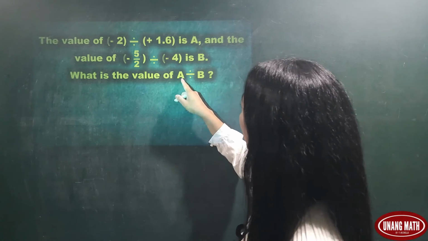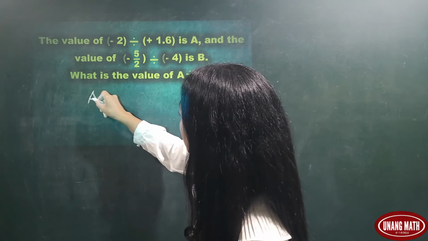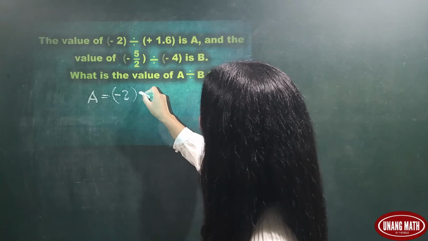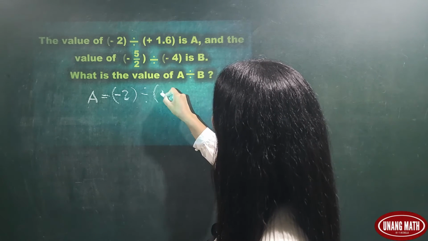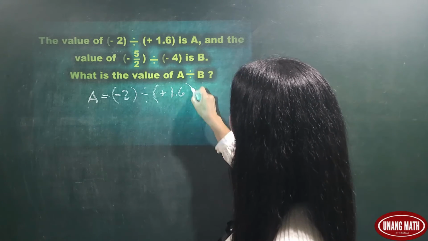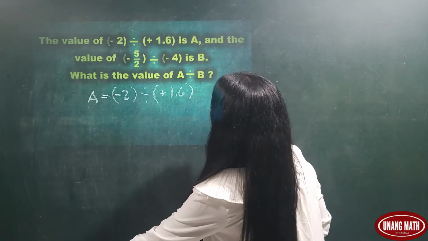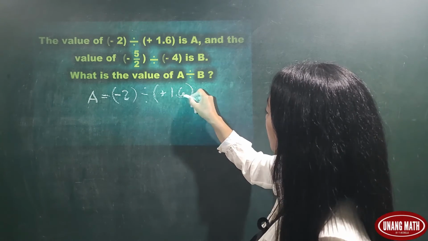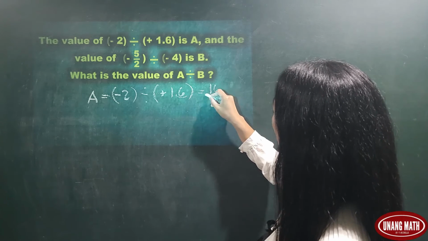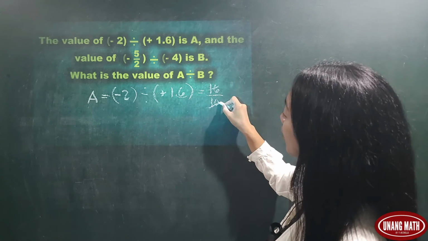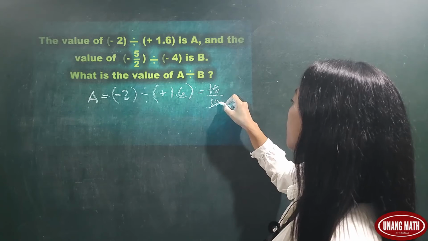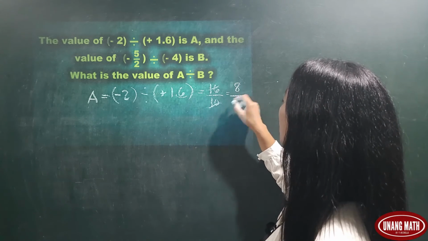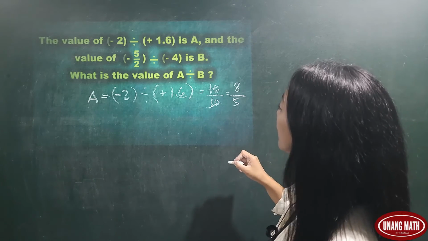Okay, let's find first the value of A. So negative 2 divided by positive 1.6. Let's convert this decimal number to its fraction form. So this is 16 over 10. Let's simplify by 2. So we have 8 over 5.